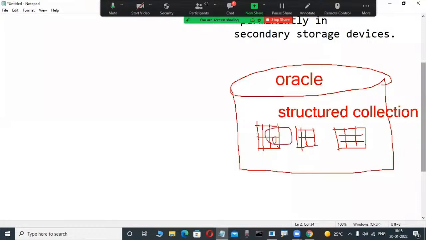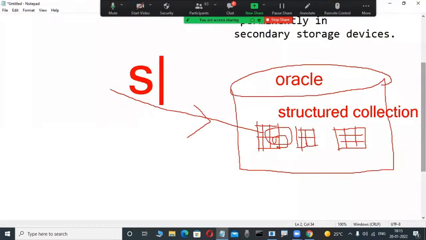Once there is a structured collection of data, how do we operate on this data? Some language is required. Maybe anybody has an idea what that language is? SQL, structured query language. Through this language only, we operate on the structured data in relational databases.